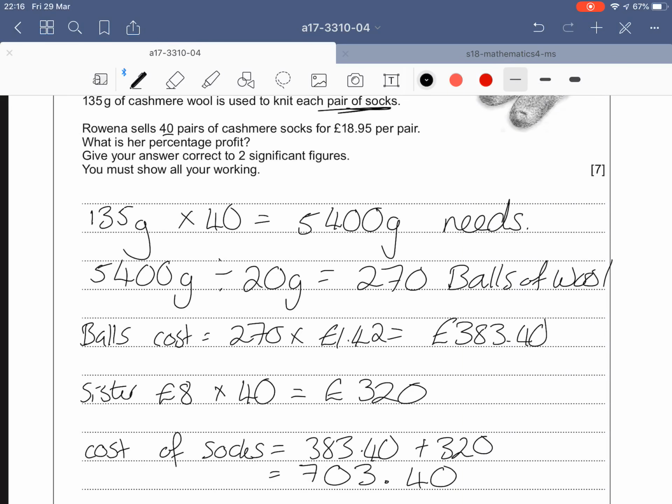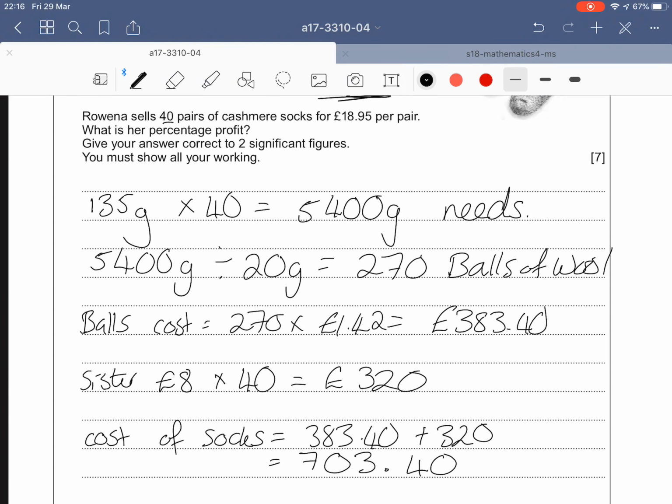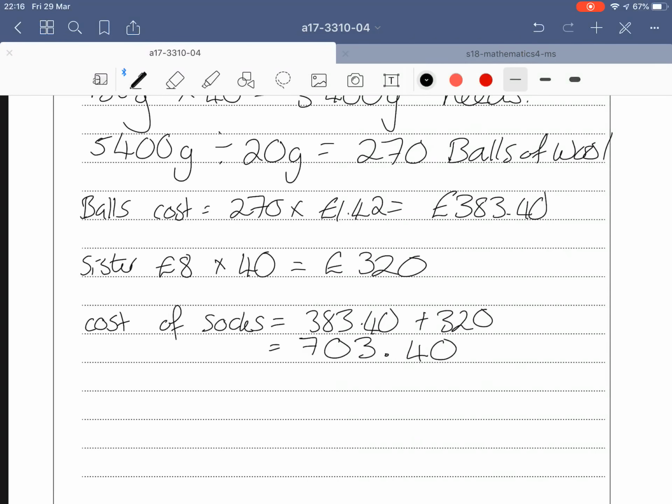And then she sells them for £18.95 per sock, per pair. I wouldn't pay that much for socks. So selling 40 for £18.95, she's making £758. It's a lot of money for some socks.